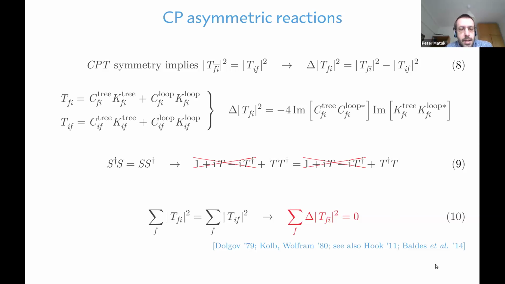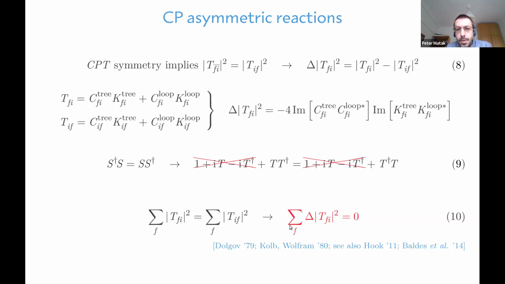And also work by Jason Baldes, Caleb Petraki, and Professor Raymond Volkas on matter asymmetry generation from annihilations, where, also in a PRL paper, in the introduction, there is a detailed explanation of how these CPT and unitarity constraints manifest for the 2-to-2 reactions.